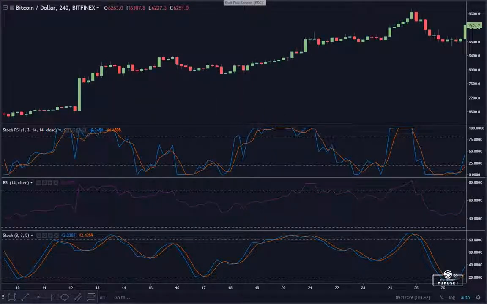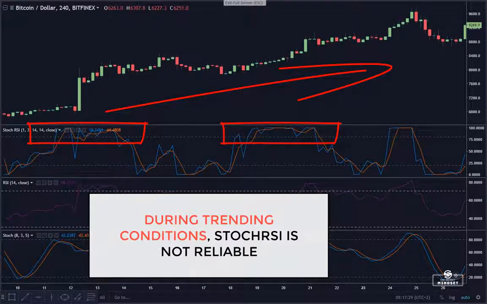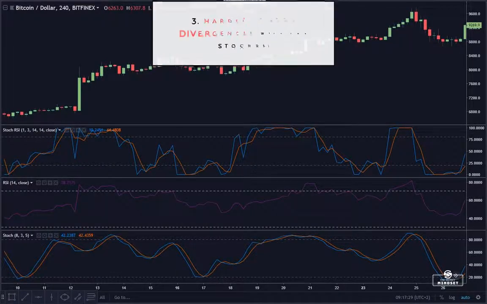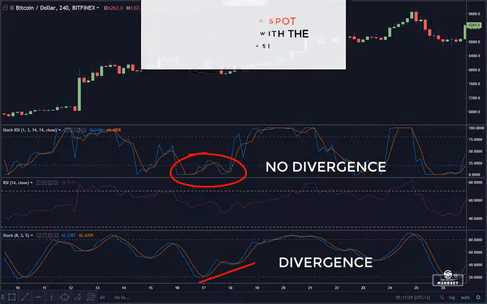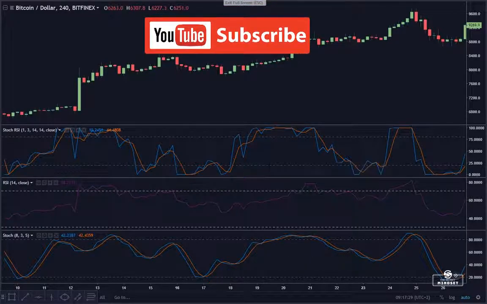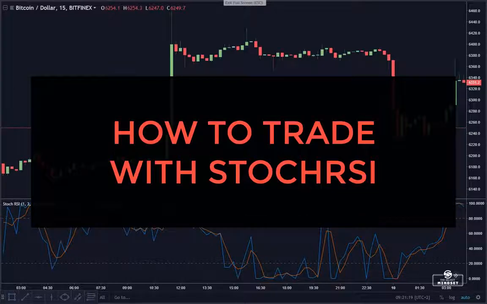We can safely say that during trending conditions, the stochastic RSI is not a reliable indicator for spotting overbought or oversold entry points on the market. In what concerns trading divergences, the stochastic RSI also lacks. I don't know about you, but I can spot the divergences more clearly on the simple stochastic oscillator and the RSI.